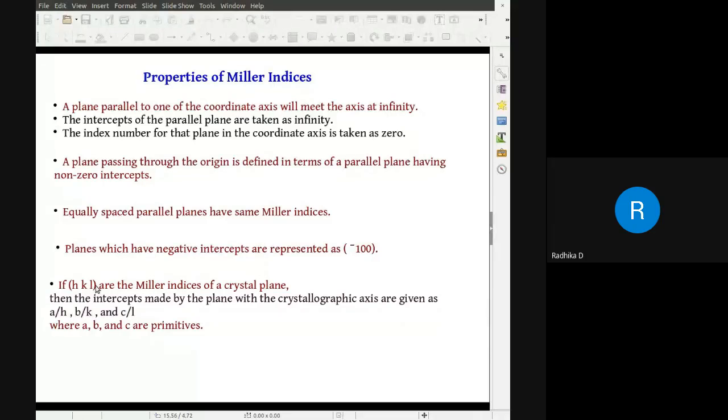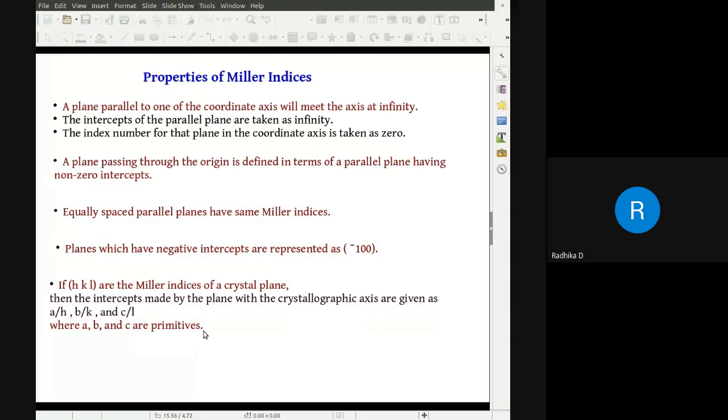Now, this point is very important. You need to remember. If HKL, so that is how we are denoting these Miller indices, right? So if HKL are the Miller indices, then the intercepts made by the plane with the 3 different axes of x, y, z will be a/h, b/k, and c/l. What are a, b, c?